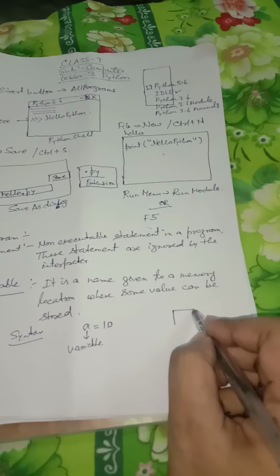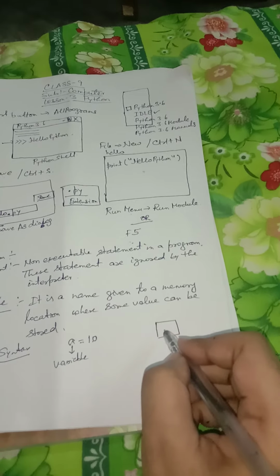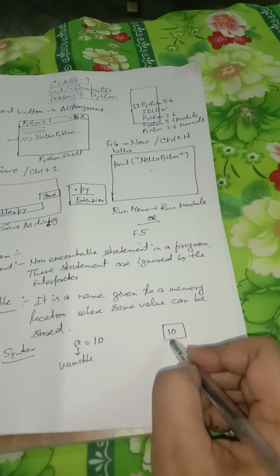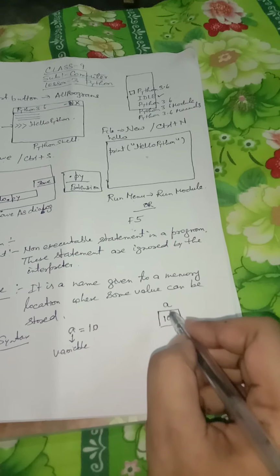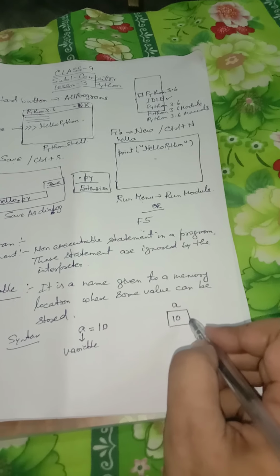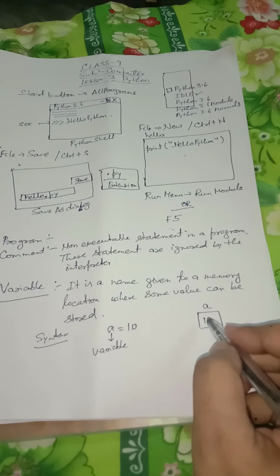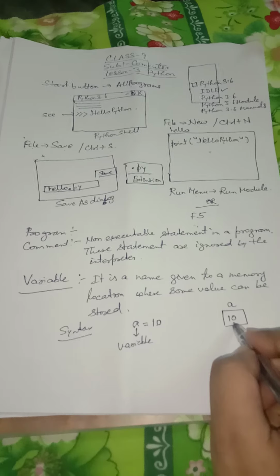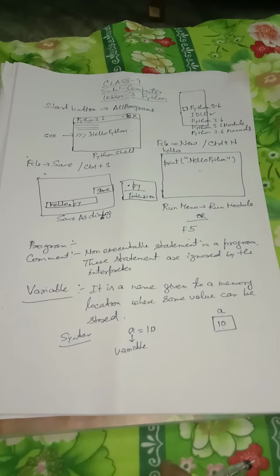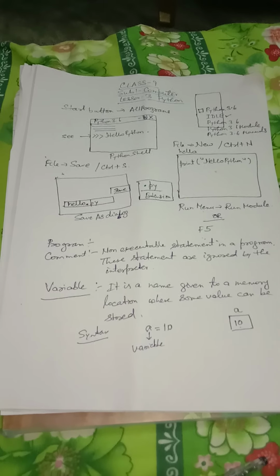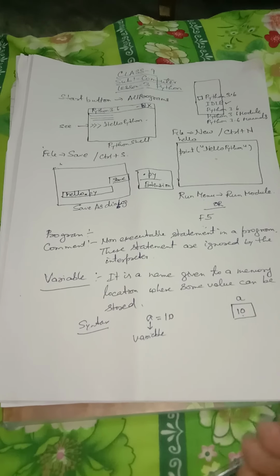Suppose this is the memory location and 10 is stored here, and this memory location is named a. A is the variable that identifies this memory location and 10 is the value stored here. So this is a variable. We will explain the remaining topics in later videos.